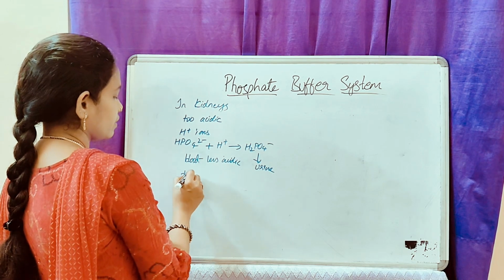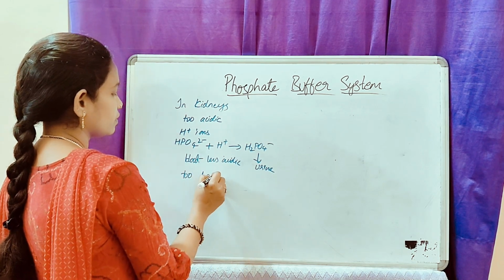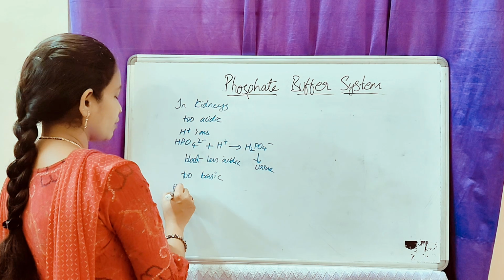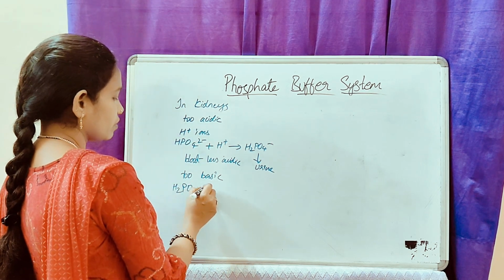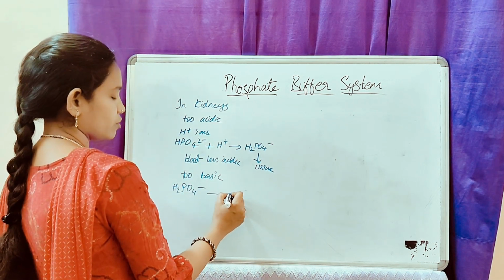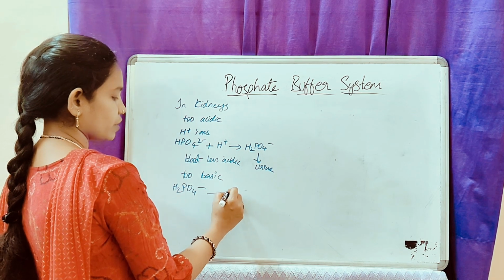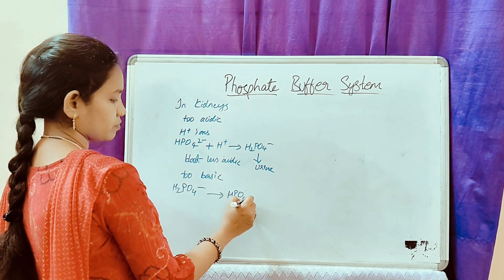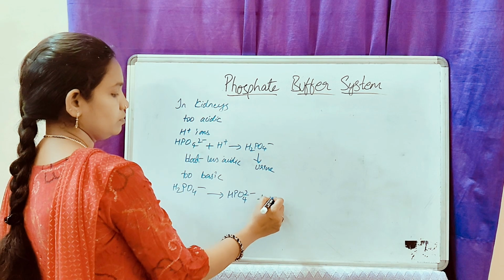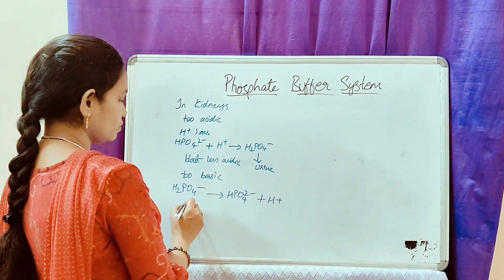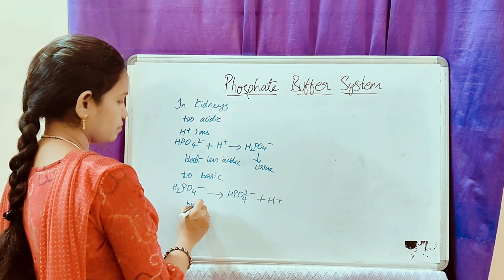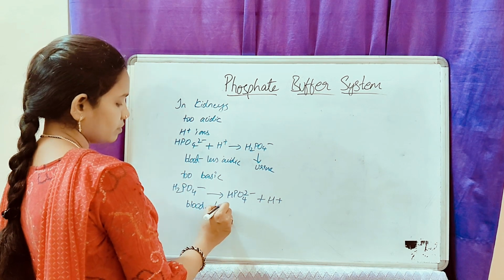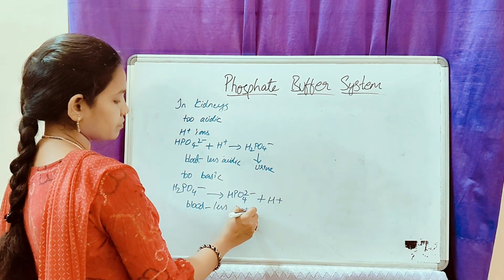And if the blood is too basic, dihydrogen phosphate releases some of the H plus ions, or protons, or hydrogen ions, in order to make the blood less basic.